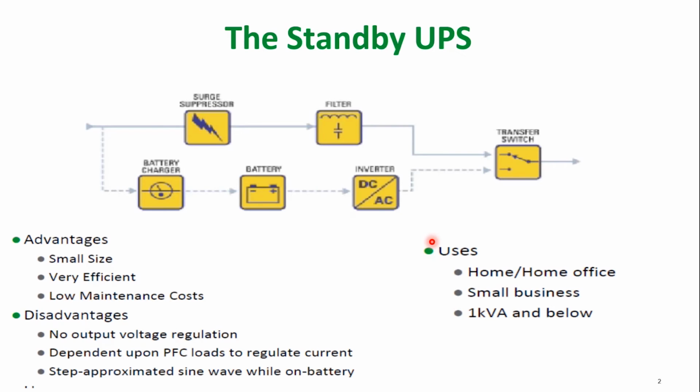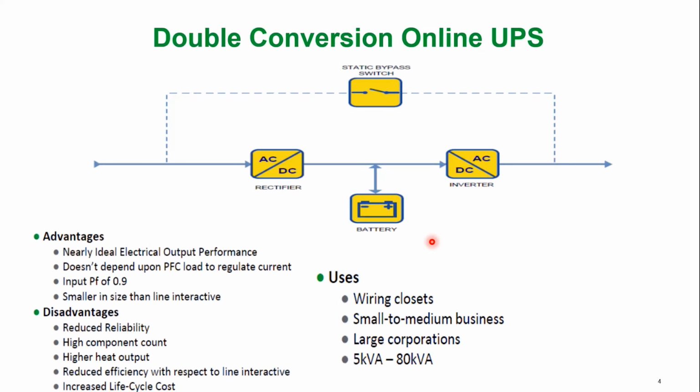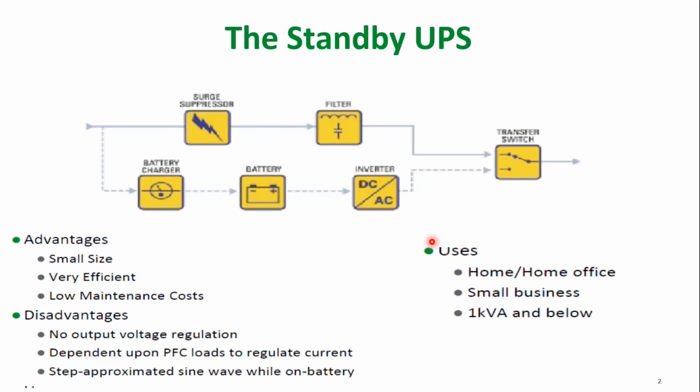At the start of this session, I told you that we have three topologies: standby, line interactive, and double conversion. We will see what the standby UPS topology tells us. We can see there are two paths indicated here, one dark and one dotted. The dark path indicates when the UPS is running in normal mode, when the power supply is available.